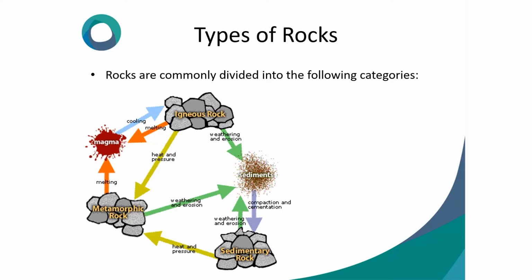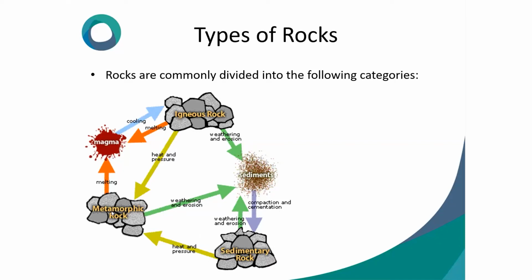When you are discussing rock, rocks are commonly divided into the following categories: igneous, metamorphic, sedimentary. See, this is the igneous. Because of weathering and erosion, it becomes sediment, then through compaction and cementation it becomes sedimentary rock. From here, because of heat and pressure, it becomes metamorphic.